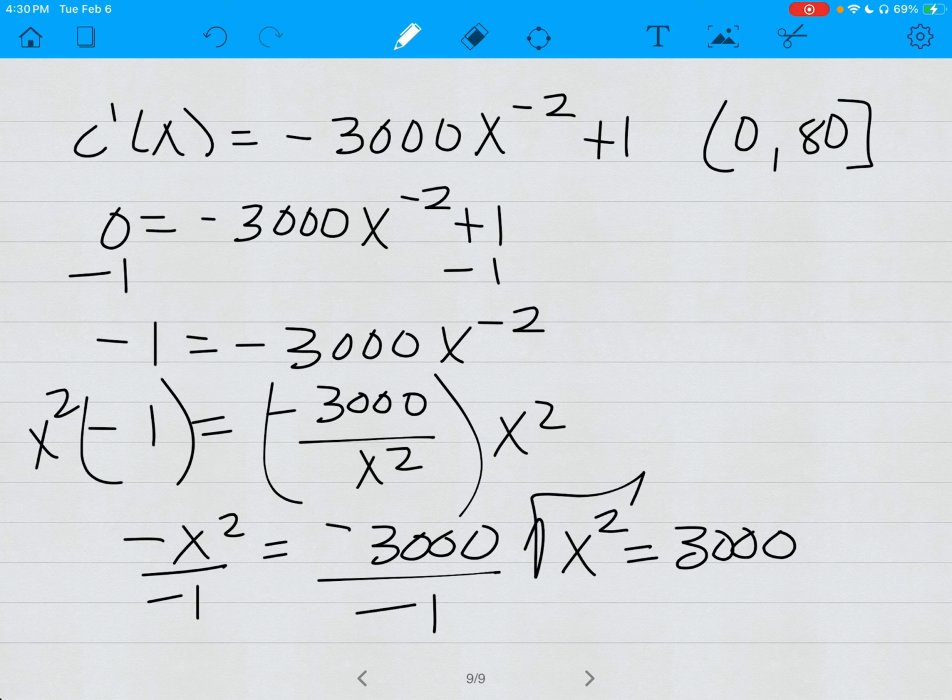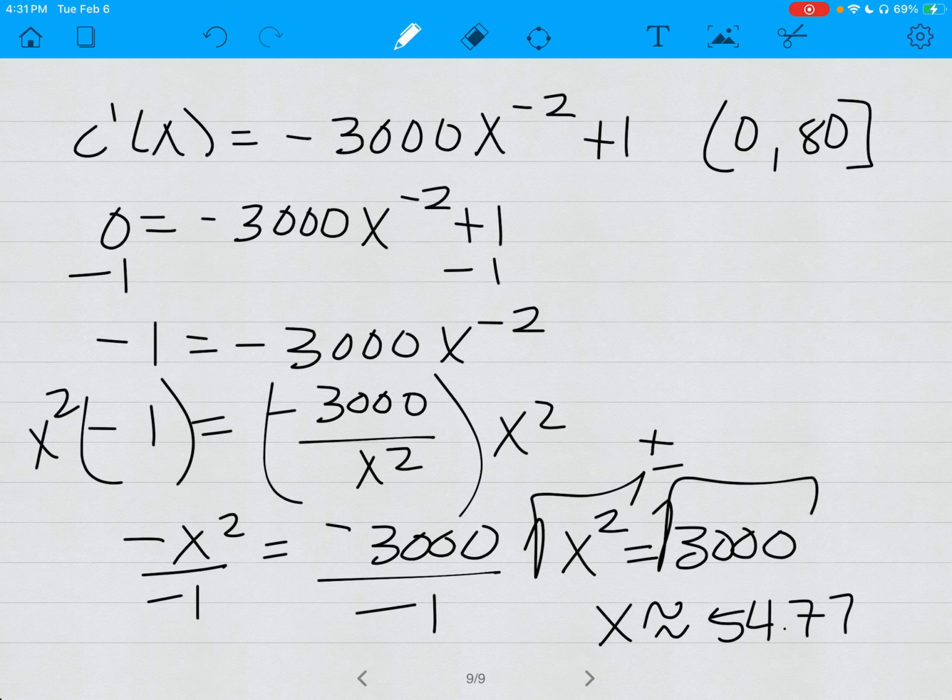And then we need to square root both sides. Technically this gets a plus or minus, but we're going to be ignoring the negative values because we can't realistically go negative miles per hour, right? So if I take the square root of 3,000, that gives us approximately 54.77.